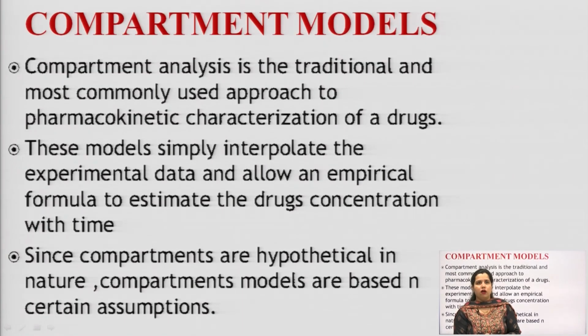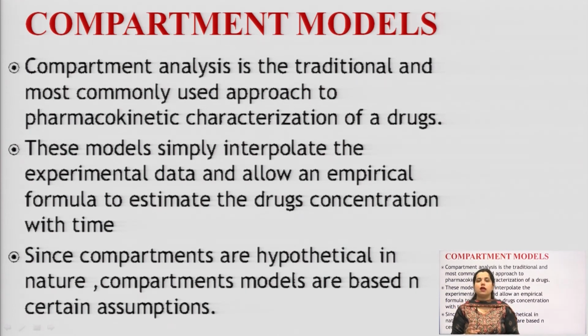So, here the compartment analysis is the traditional and most common method, in which we consider the body as having different compartments, and based on the compartments we assume that all the compartments of the body have similar affinity towards drug binding as well as high vascularity or high blood flow.